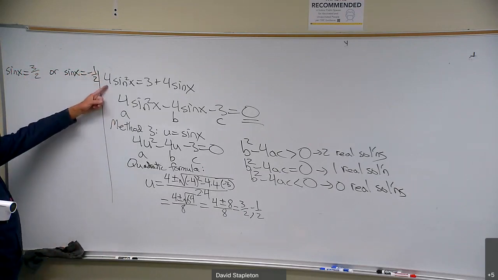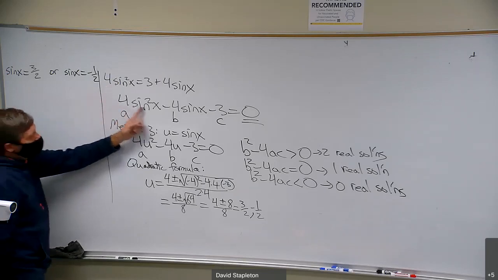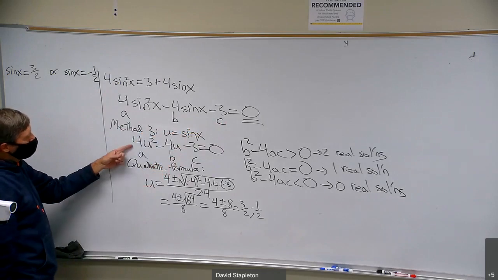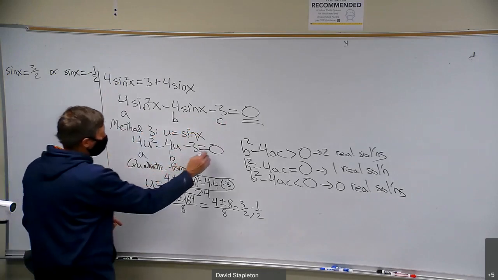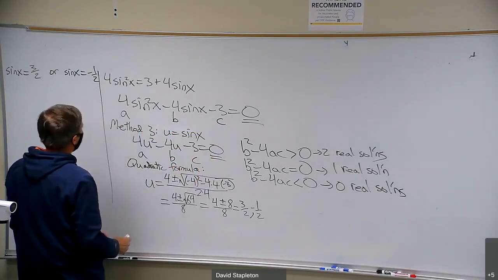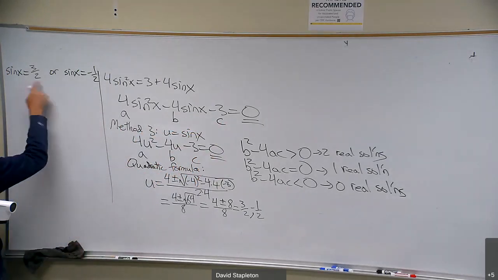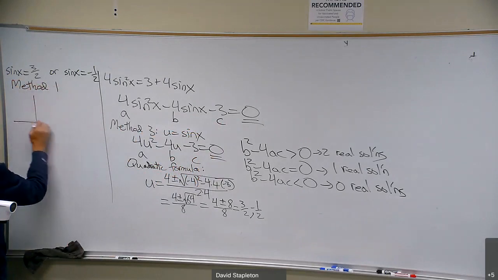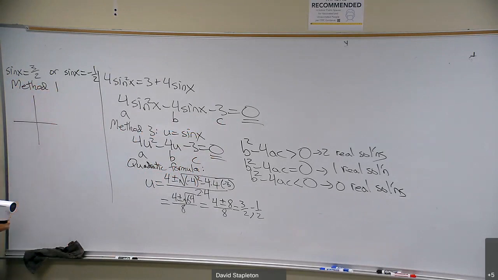So with this equation, you have to put 0 on one side to start, otherwise the quadratic formula won't work. With 0 on one side, you can apply the quadratic formula and get 3/2 and minus 1/2 for sine x. Now this is a trig function equal to a number. You go to method 1. You solve each of these on the unit circle. Now the first one has no solutions. How do I know that without even drawing the unit circle?